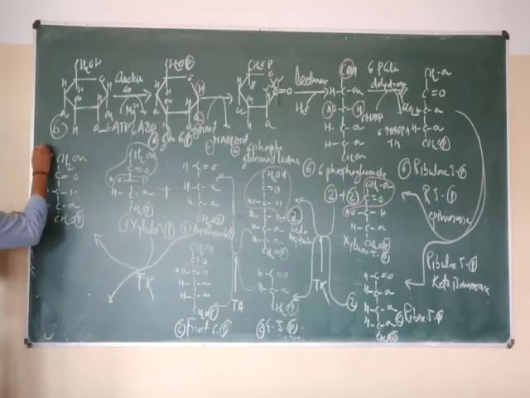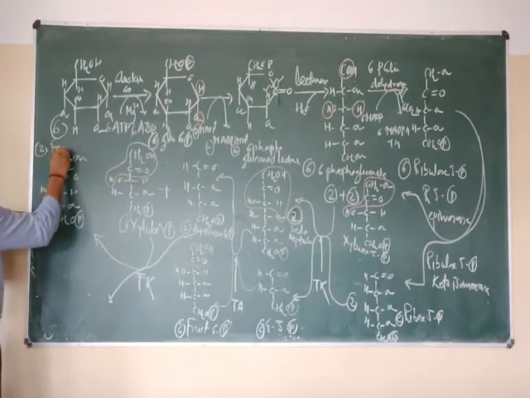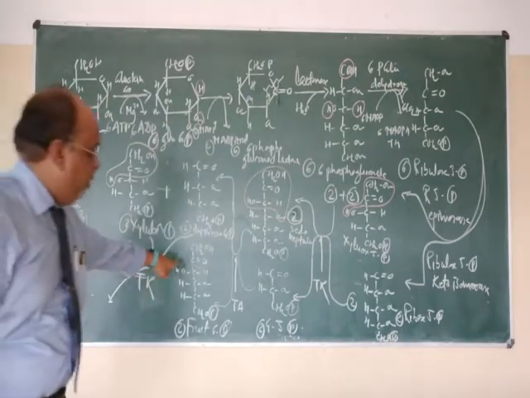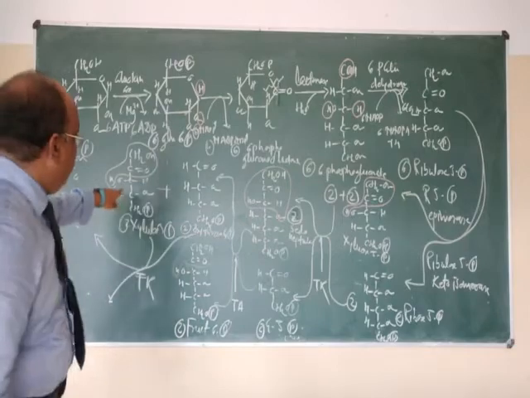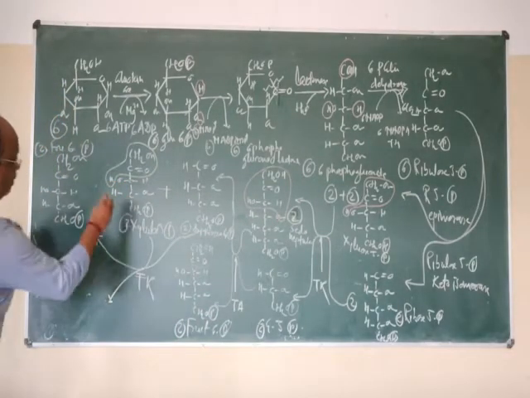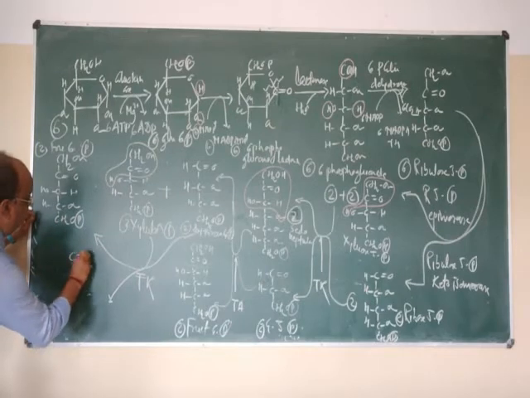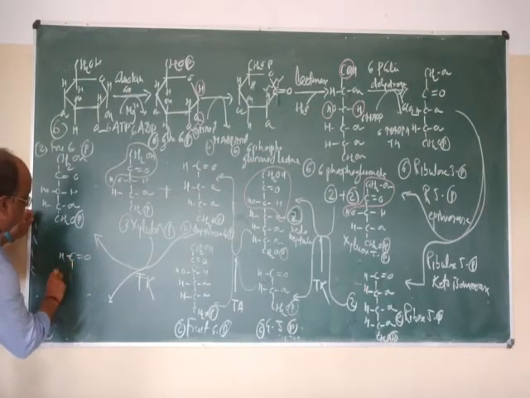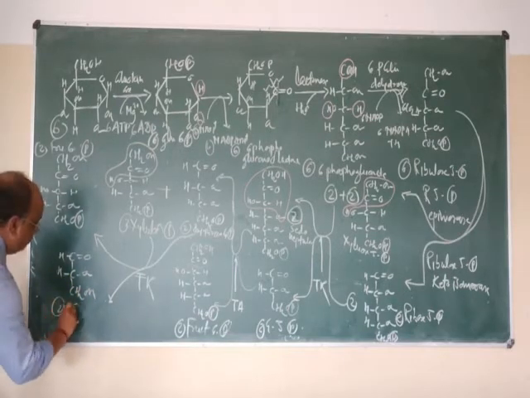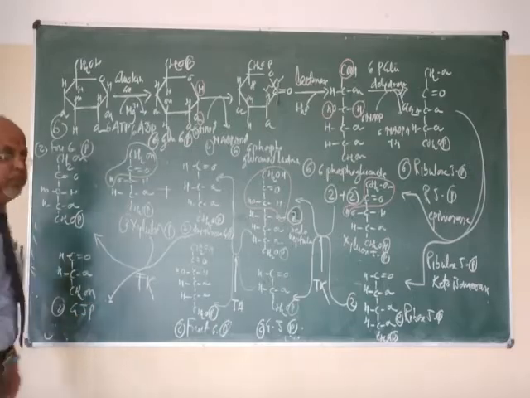So 2 molecules of fructose 6-phosphate are formed. So how many carbons remain? 1, 2, 3. So this 3 carbon structure is known as C double bond O, H, HCOH, CH2OH. So 2 molecules of G3P.